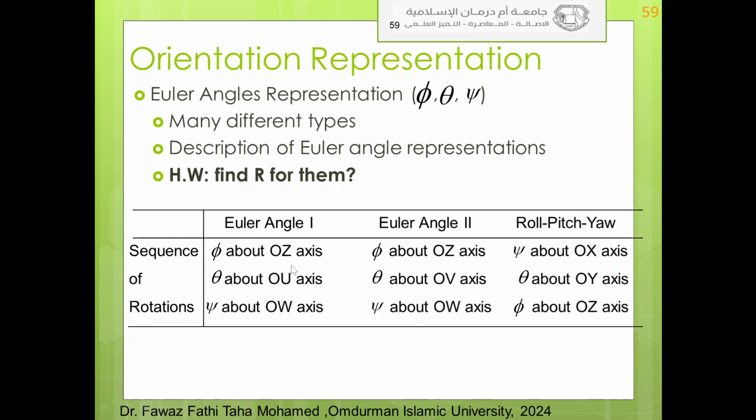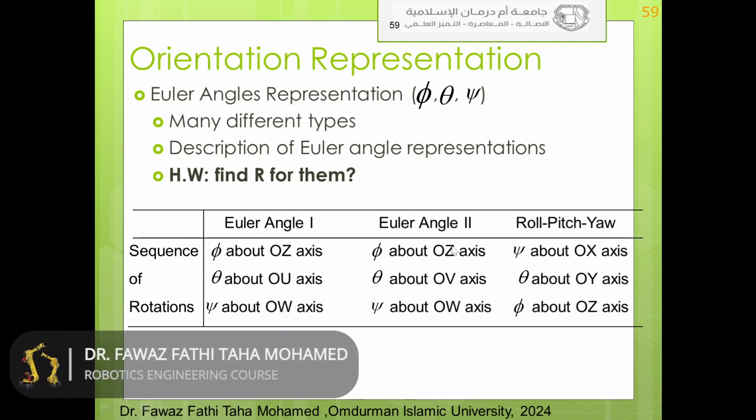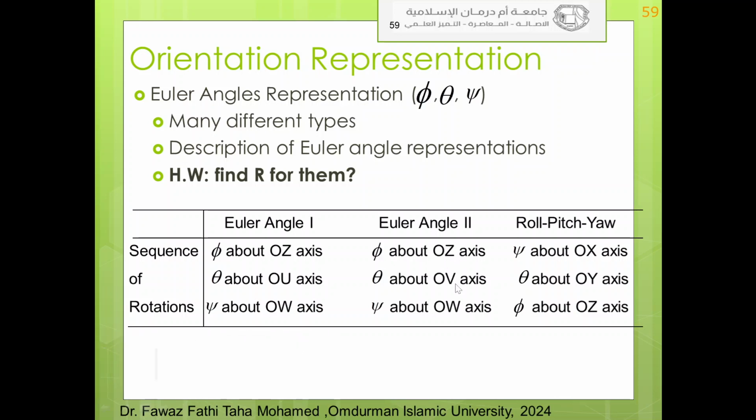Phi around z, then around the new current axis, u meaning x, and w meaning the z axis of the new frame: zxz. Then zyz, meaning z, y dash, z triple dash.